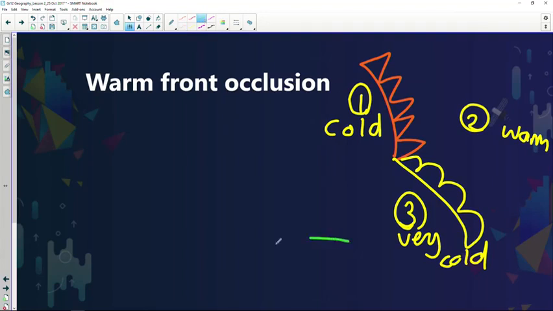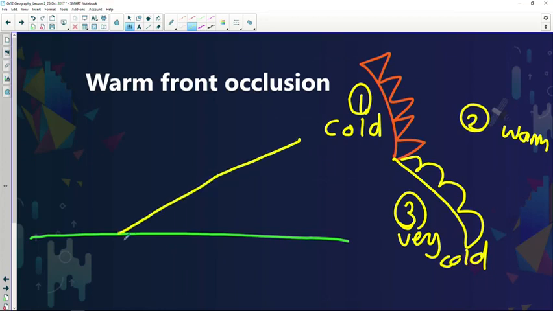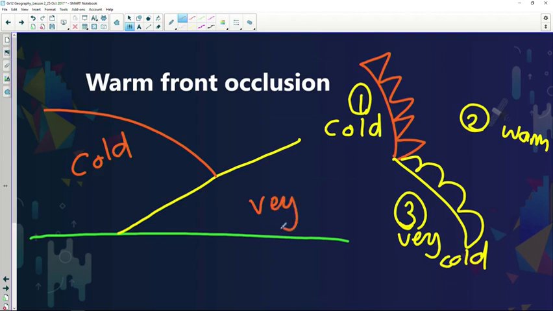In this case, when this front is occluded, the warm front attaches itself to the surface and the cold front goes up against the warm front, because the air behind the cold front is not as cold as the air in front of the warm front.